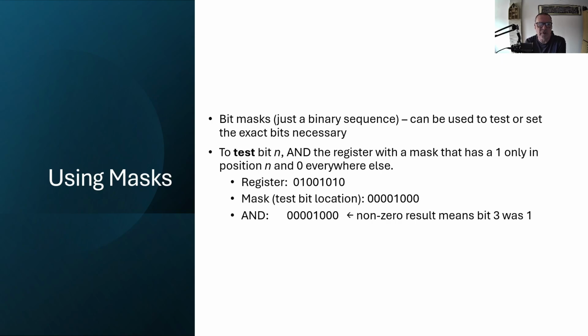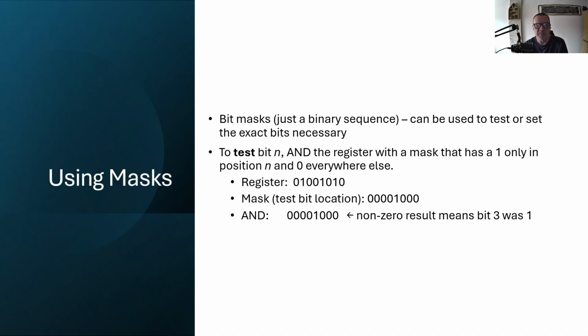So for example, if our register contained that binary number, remember this is not a CPU register, this is just in a hardware device or something, then we can use the mask given there where it has a 1 only in that position n. That's bit position 3, 0, 1, 2, 3, that contains the 1.